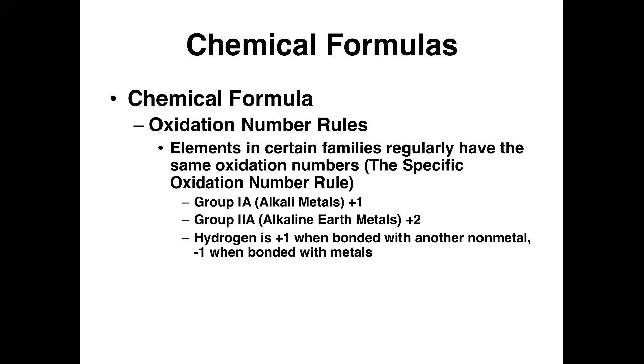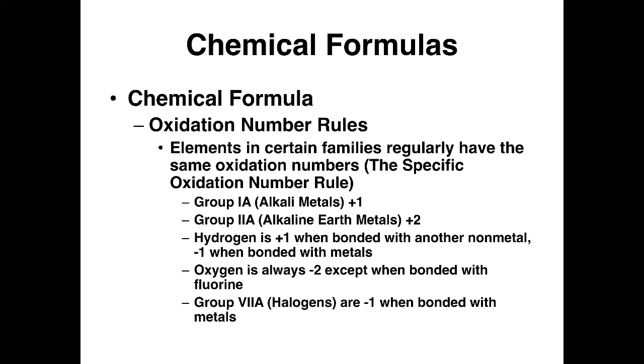Hydrogen is usually +1 when bonded with a nonmetal and -1 when bonded with a metal. Remember, the metals are on the left side of the periodic table. Nonmetals are on the right side. Oxygen is always -2 except when bonded with fluorine.